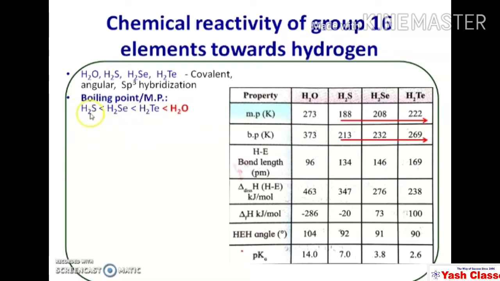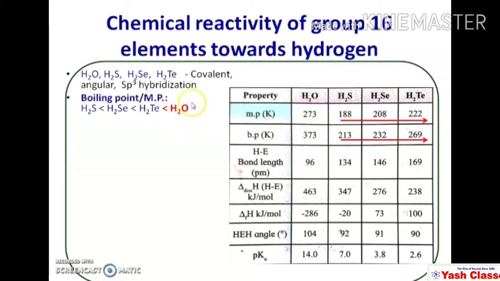The trend from H2S to H2Se to H2Te is that the boiling point and melting point increase like this, and water has an unexpectedly higher boiling point.